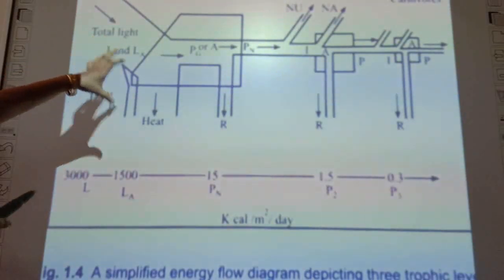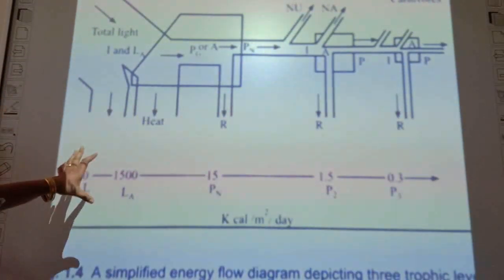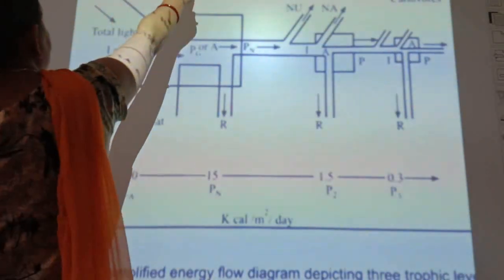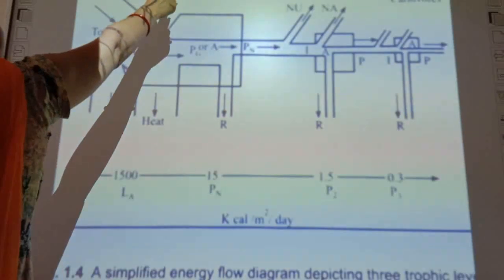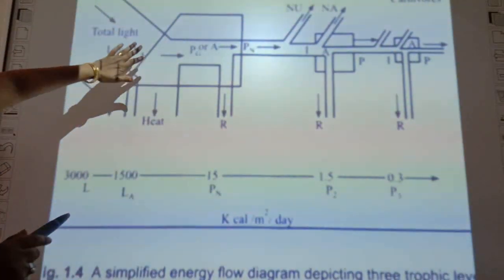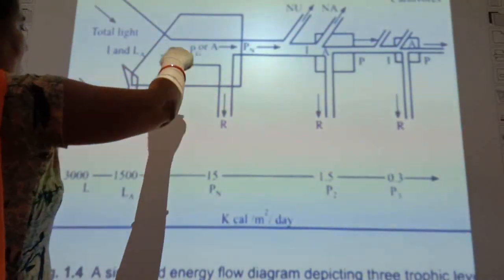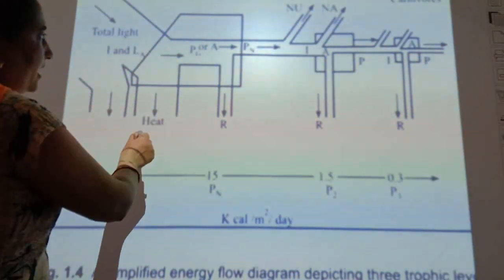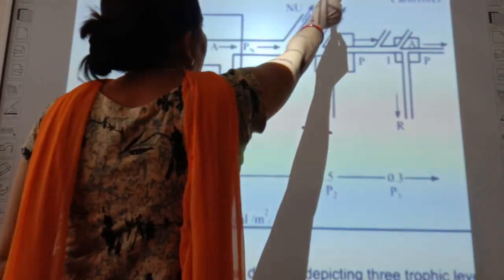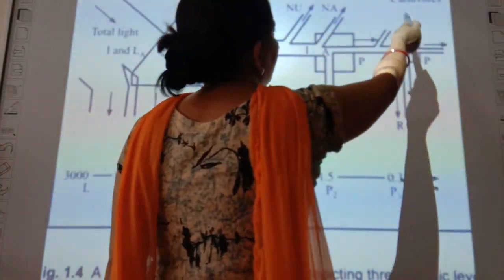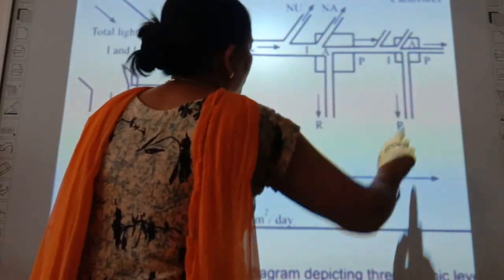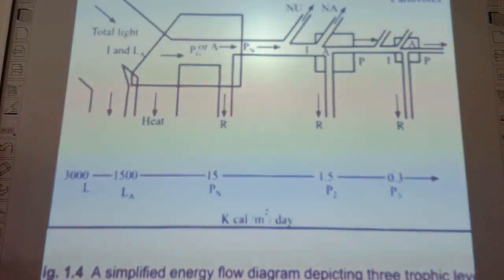Here in this diagram we can explain the total productivity. Here producers are there, you can see these are the trophic levels, and producers are only the green plants which entrap the total light, and then it is dissipated as heat, and the remaining energy is used by the herbivores and in the same manner by the consumers, that is carnivores, and loss of energy also takes place at each level.